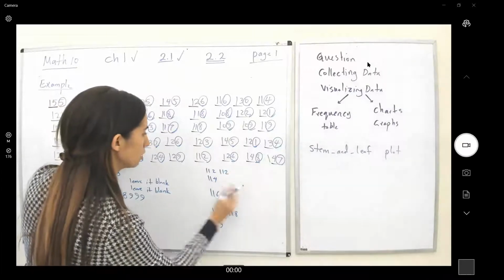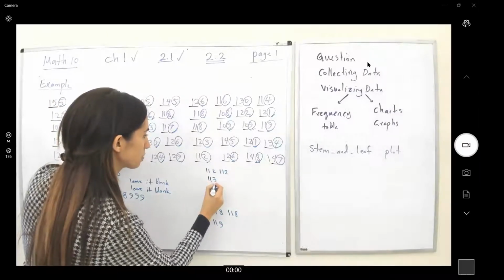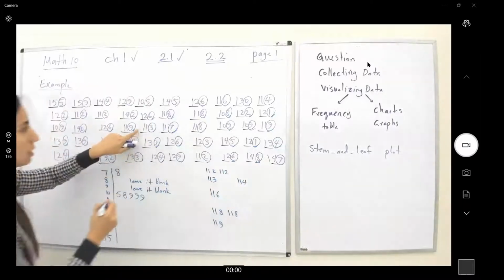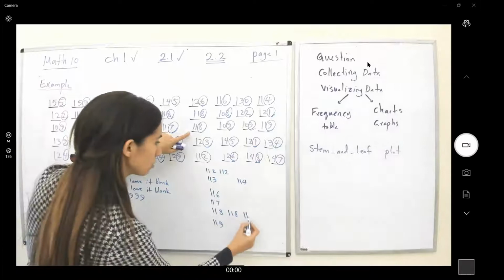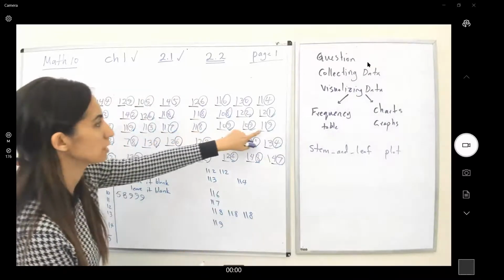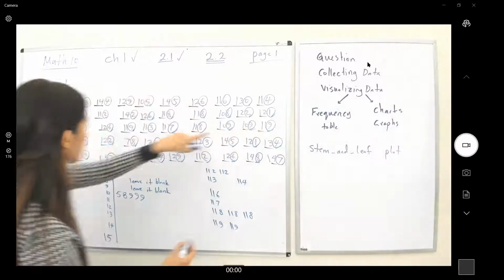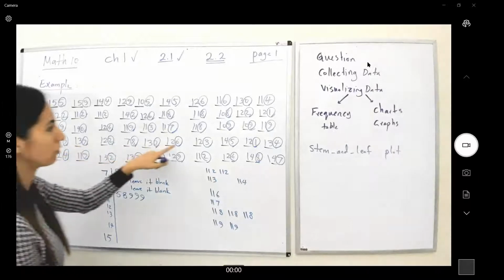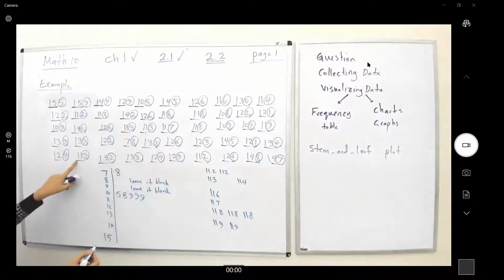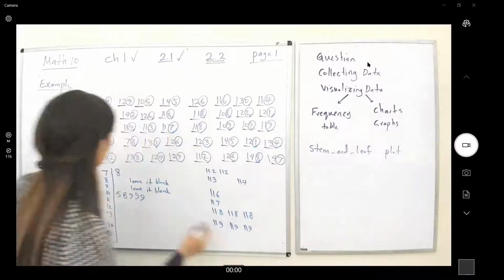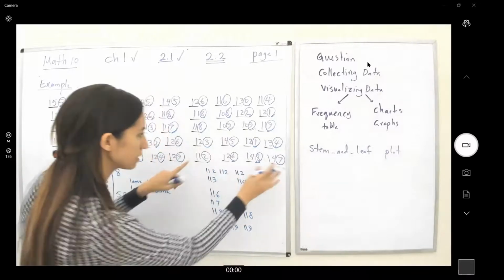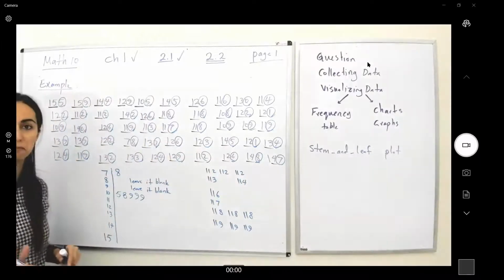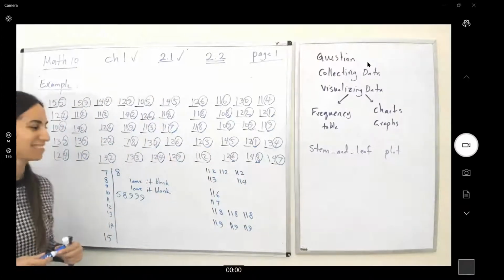Let me see this guy. So 11.3, 11.4, 11.7, 11.8, another 11.8, and 11.9. Let me go here. I have to find all of them. Another 11.9. Okay, excellent. Then I have 11.2. That's it for me. Are we good? Yes. Okay.